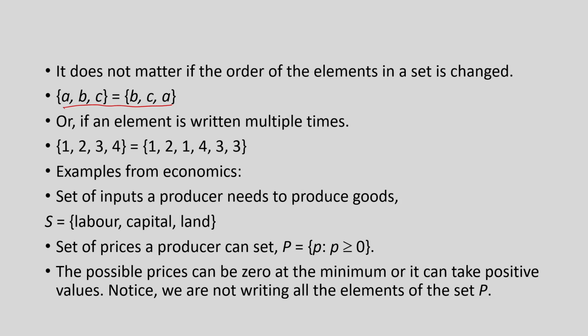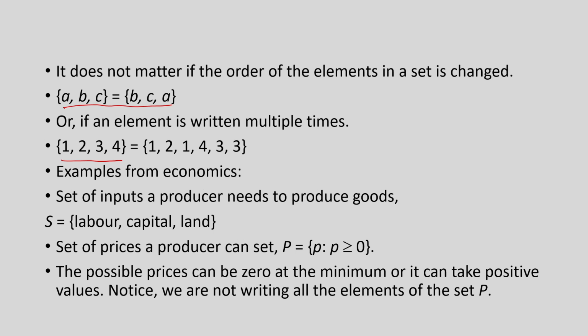So, that basically gives us also another property of a set: take any set, you change the order of the elements, then it does not matter, the set has remained the same. And furthermore, it also does not matter if an element of a set is written multiple times. In that case also we say that the set has remained the same. So, here is another example. On the left hand side you have no repetition, you have 1, then 2 and 3 and 4.